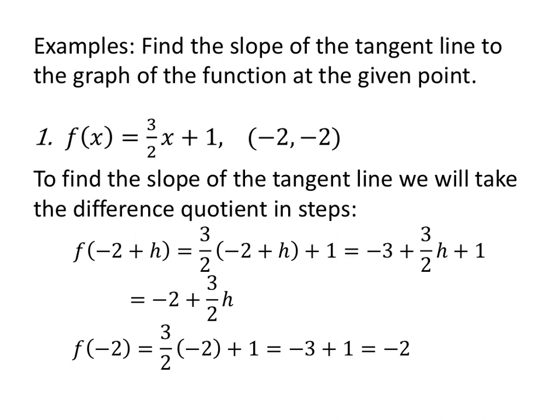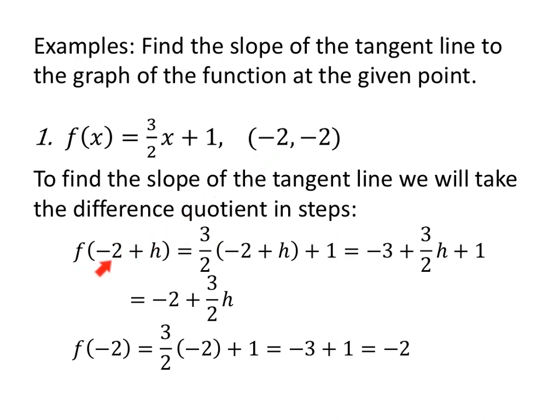So let's take a look at a basic example. Find the slope of the tangent line to the graph of the function at the given point. Now I'm going to do a couple of things here that will make no sense later on, but just go with it. Our first example, f of x equals 3/2 x plus 1. Our point is negative 2, negative 2. Now remember, to find the slope of the tangent line, we're going to look at the difference quotient, in steps, with a particular c value, negative 2.